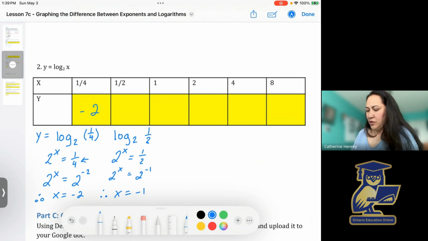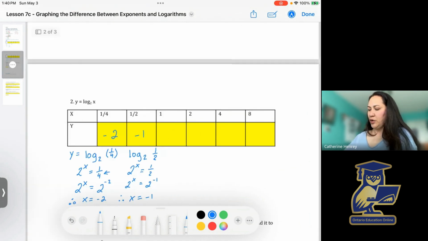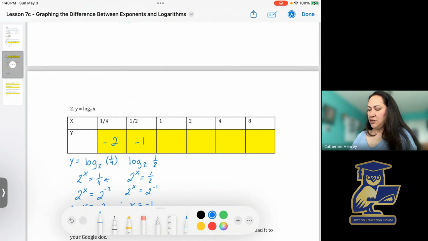So negative 1 goes into my table. You can keep doing the work here, but hopefully what you're noticing for the first 2 points, for the log function, x is 1/4 and the y is negative 2. And for the second coordinate, x is 1/2 and the y value is negative 1.